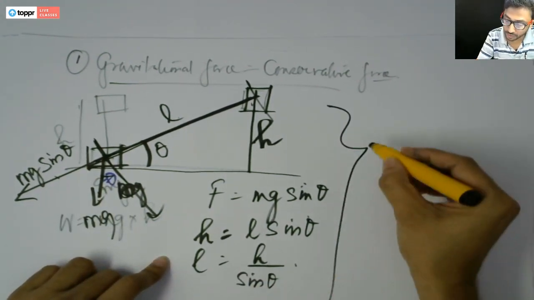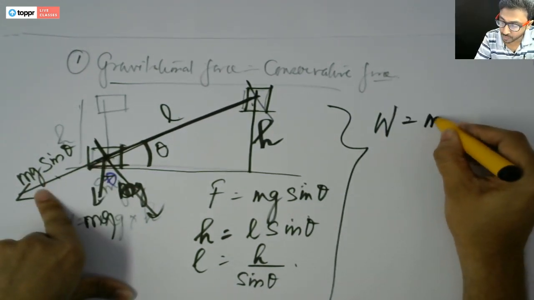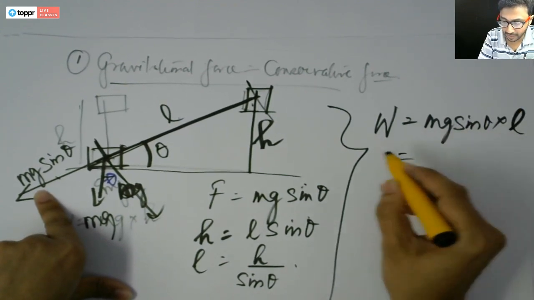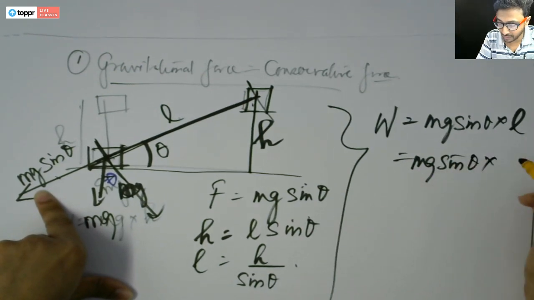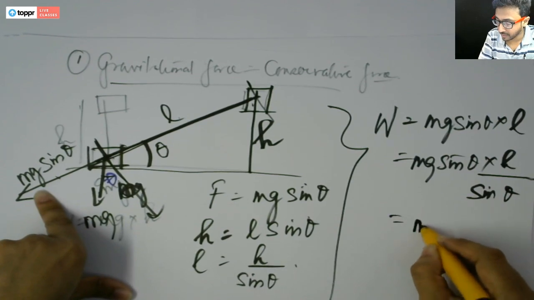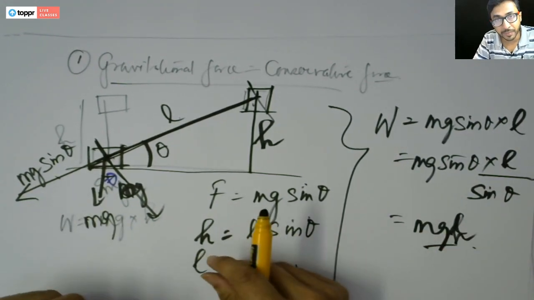Now what is the work done? Work done is, force in this component is what? mg sine theta into L, displacement, mg sine theta into h by sine theta, that is, sorry, mgh.